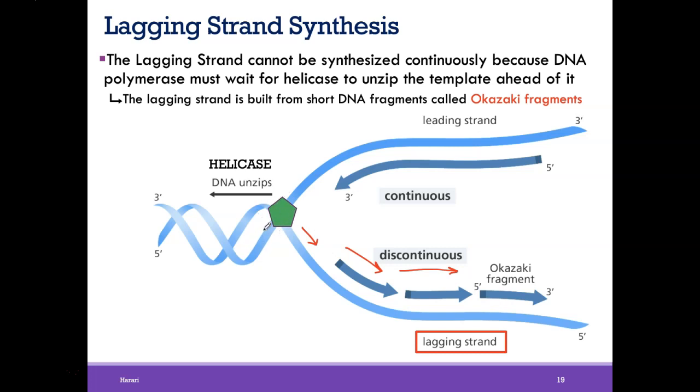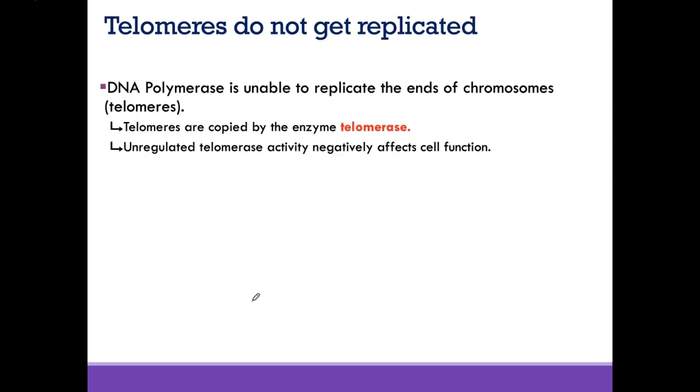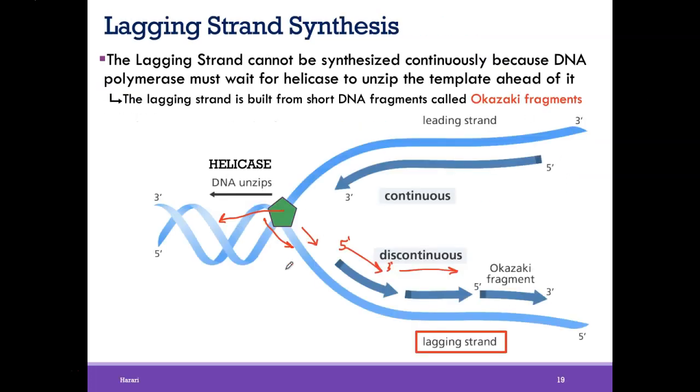It has to wait for helicase to unzip more, and then DNA polymerase can make a new Okazaki fragment there. So one strand is built discontinuously because it has to wait for helicase to unzip so it can make DNA fragments 5' to 3'. I hope that makes sense at least a little bit. One strand is made continuously, the other strand is made discontinuously.